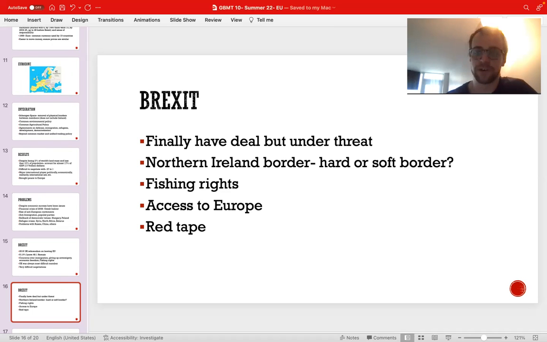There were years of conflict, what was called the Troubles, between the Protestants in Northern Ireland and the Catholics within the Republic of Ireland. It was largely calmed by an open border between Northern Ireland, which was part of the United Kingdom, and the Republic of Ireland, which is in the European Union.